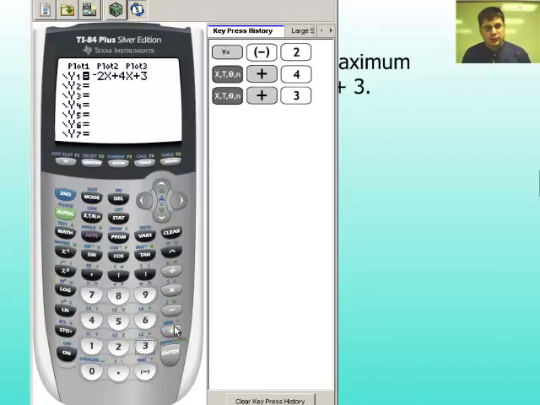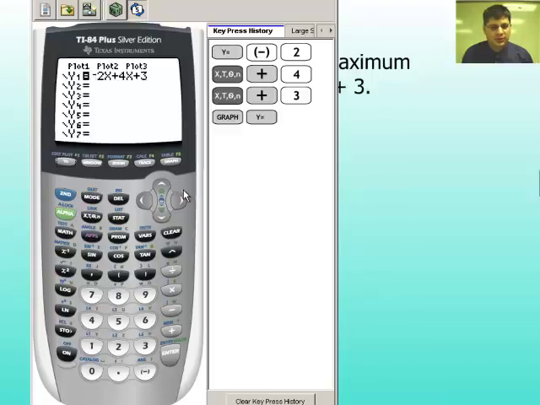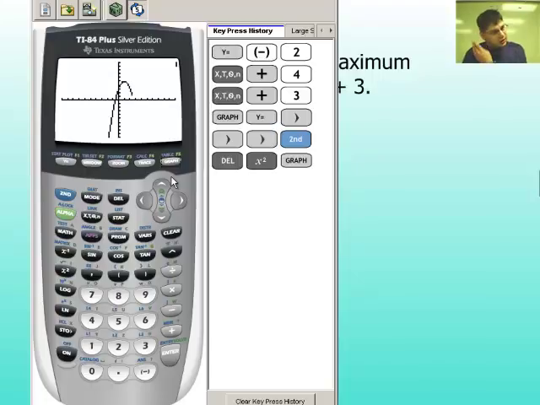Okay, so now we will graph it. Oh, my mistake. I forgot to put the squared. So I'm going to go second, insert, squared. Now, that's why we're getting a line. Okay, so now I have my parabola.